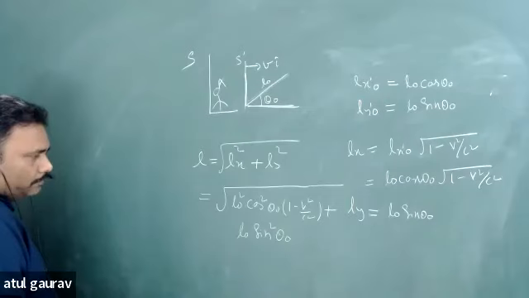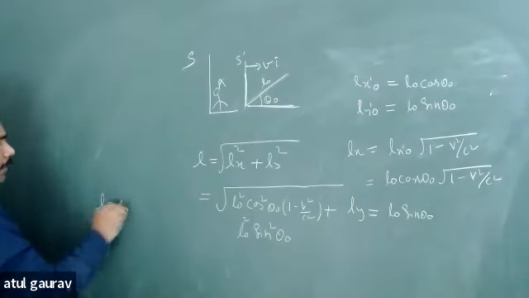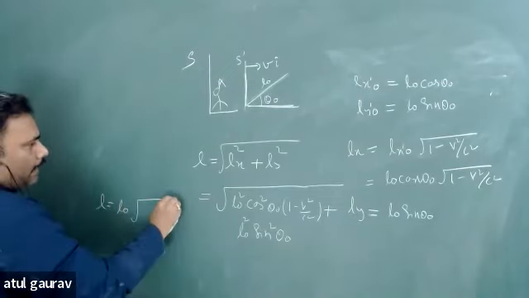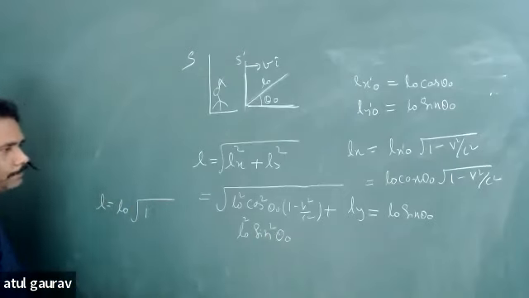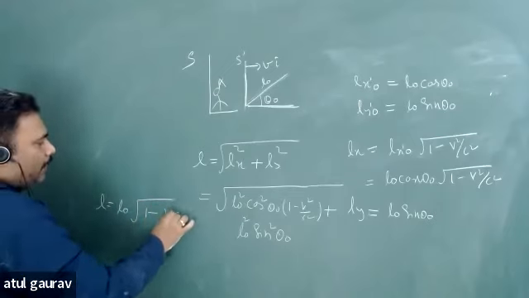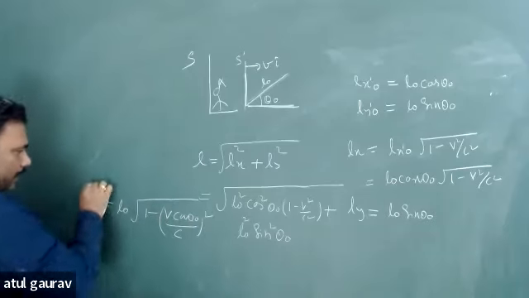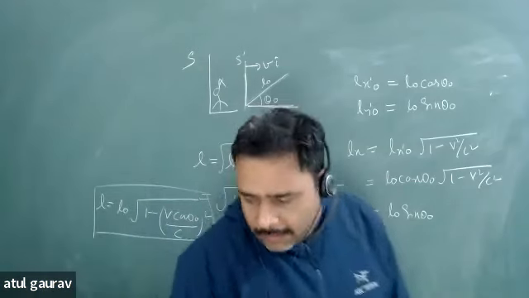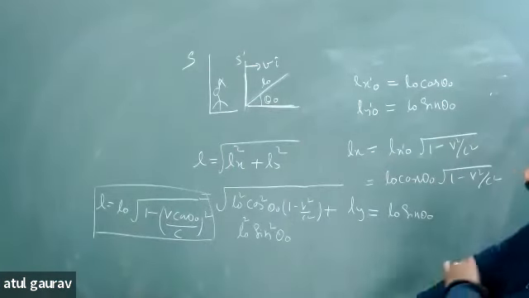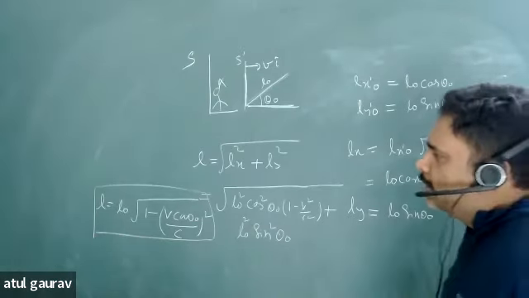I can take L naught square as common, and we have cos square theta plus sin square theta equal to 1, minus v cos theta naught by c upon c square. Just check my calculation, whether it is correct or false. Right, this calculation is correct.